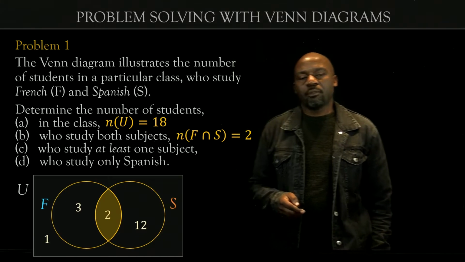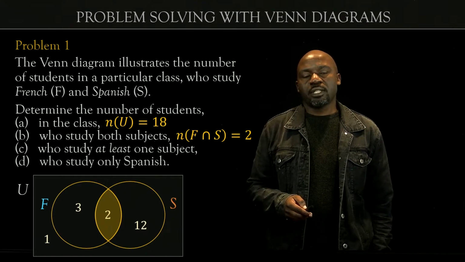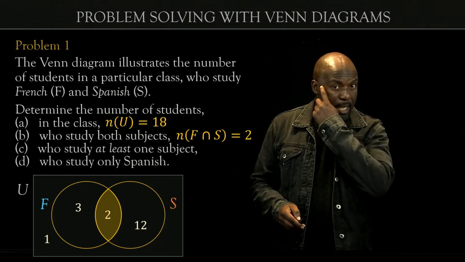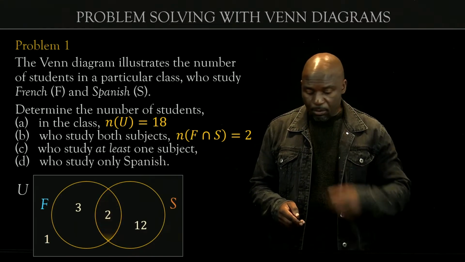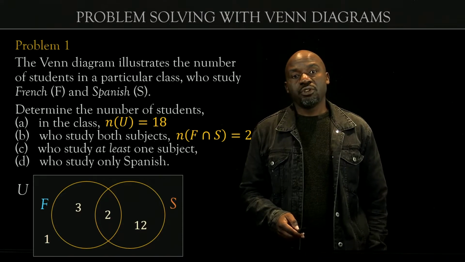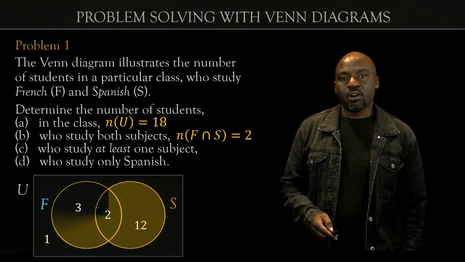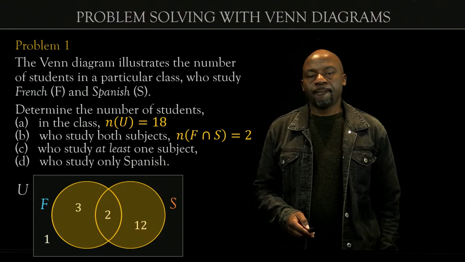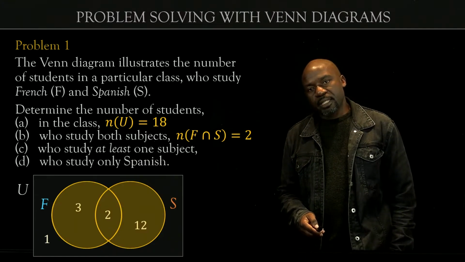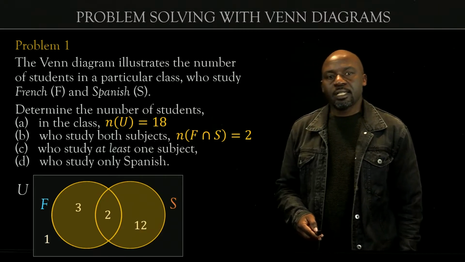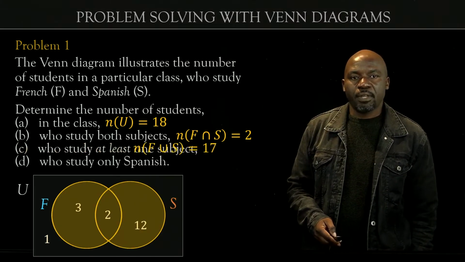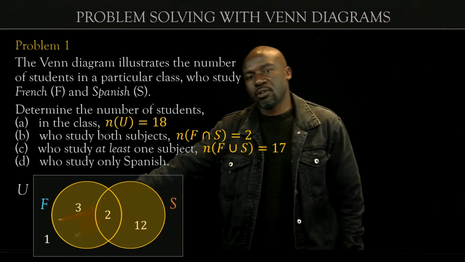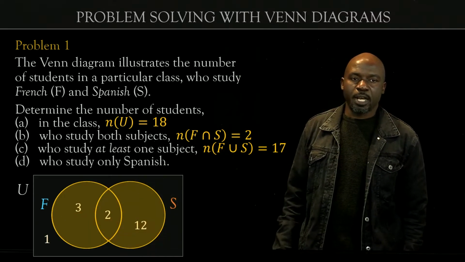And that means the number of students who study at least one of the subjects has to be F union S. I hope this is really making sense, so we'll remove that, and F union S is shading all that region inside F and S like that. And if we add the elements in there, we get that the number of elements in F union S is 17. Okay, only one student is not studying French or Spanish.